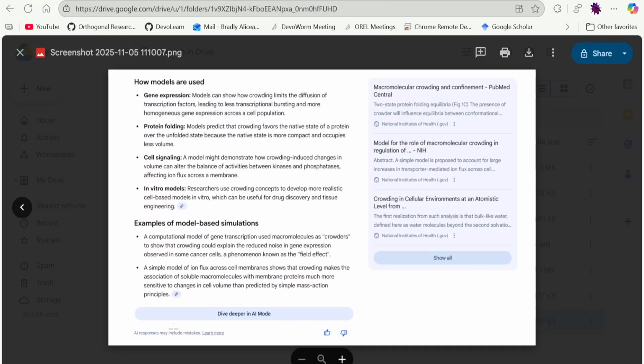And then this talks a little bit about how models are used for gene expression, protein folding, cell signaling, and in vitro models. And then there are model-based simulations of crowders, where you get field effects observed and ion flux across cell membranes.